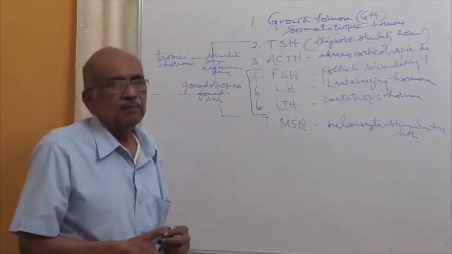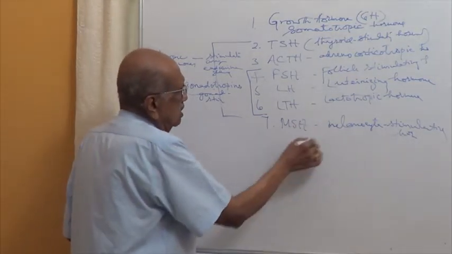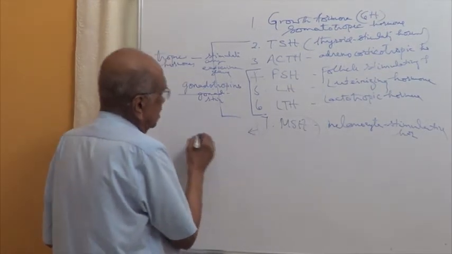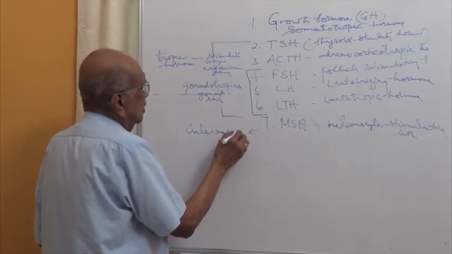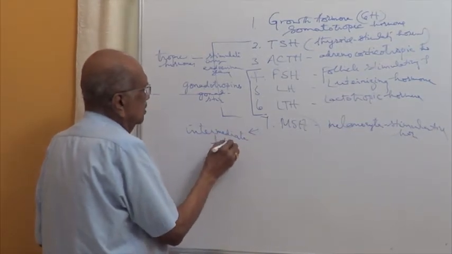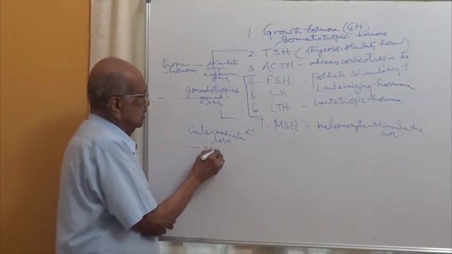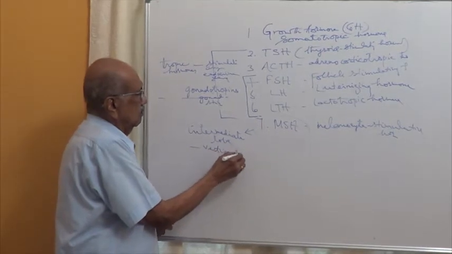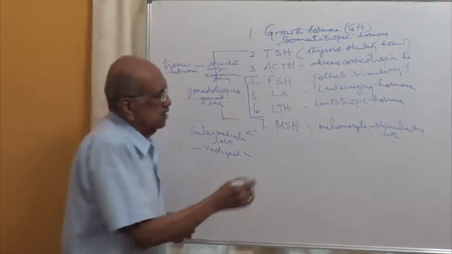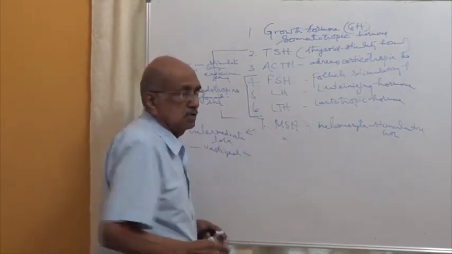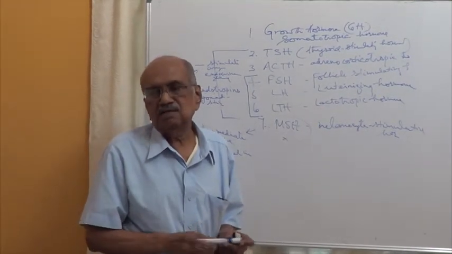All the others are. Melanocyte hormone is a problematical one because it is said to be secreted by the intermediate lobe. Well, we didn't refer to it, we will refer to it. Intermediate lobe of the pituitary, which looks vestigial in humans. So, many textbooks don't mention this at all, or they just give a lateral explanation for that.